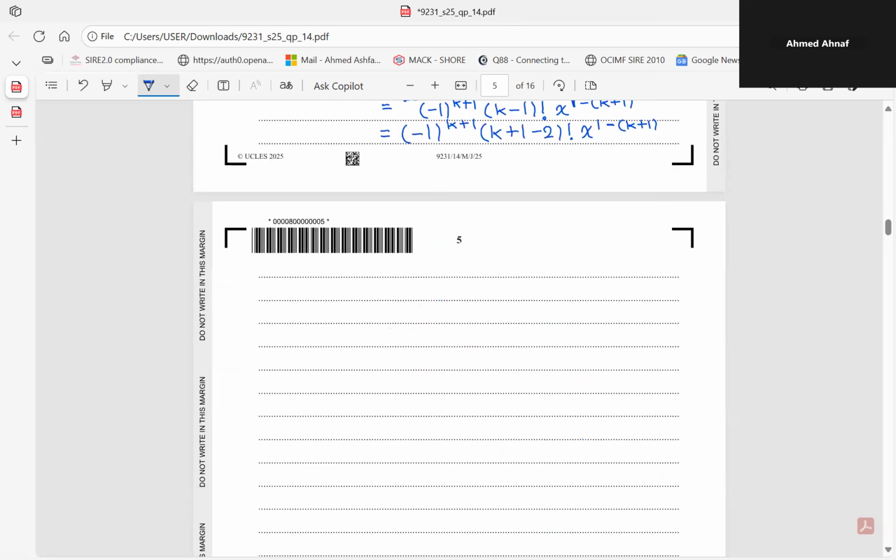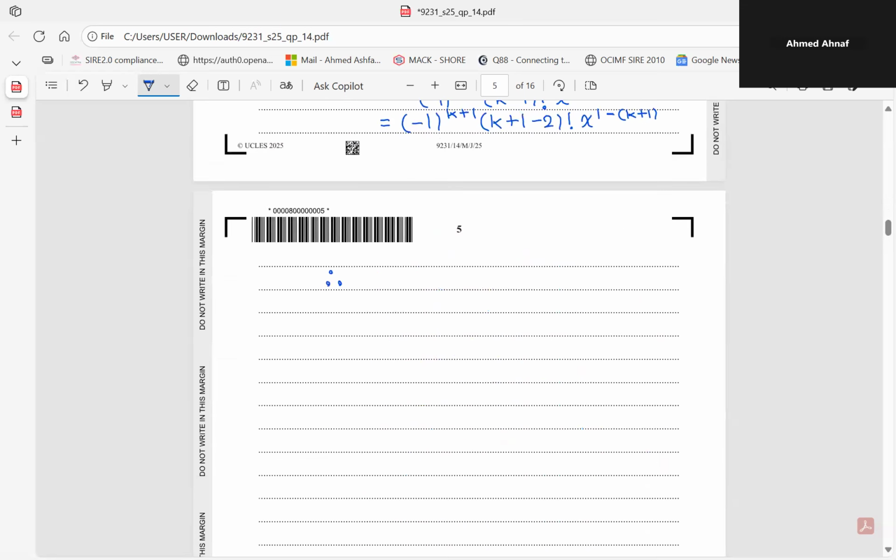Now we can say, since it is true for the case when n equals k, it's also true for n equals k plus 1.